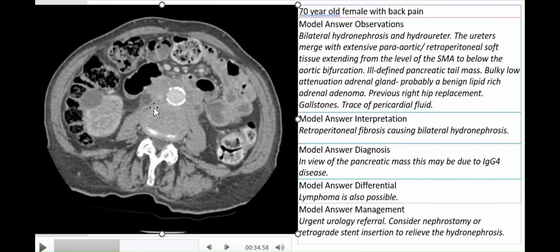There is narrowing here, their caliber at the level of this soft tissue retroperitoneal mass. There is a caliber change of the dilated ureters as they are merging with an ill-defined soft tissue retroperitoneal mass.